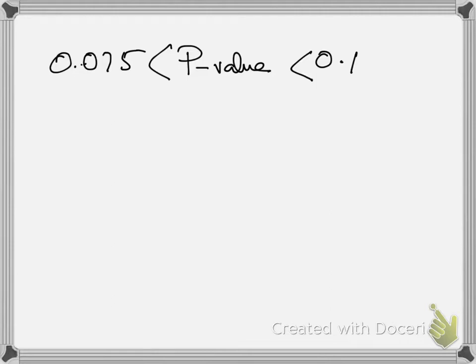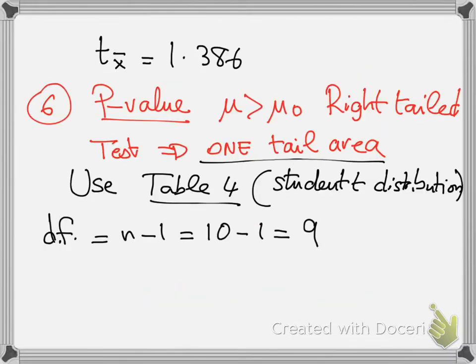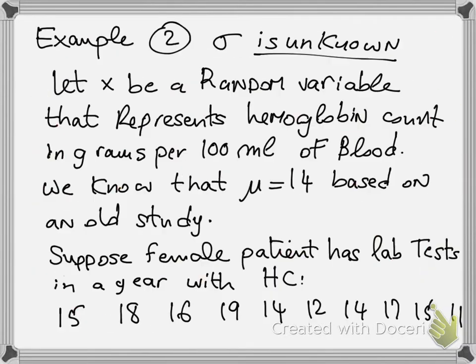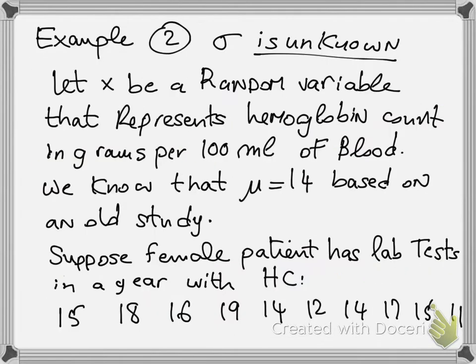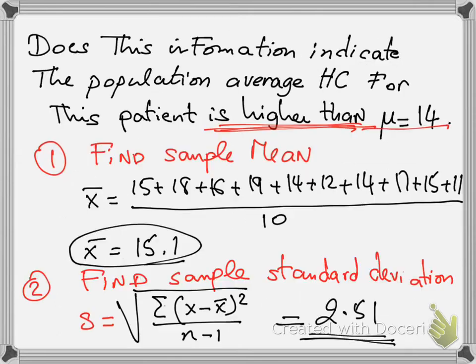And so now we compare the p-value with alpha. So alpha is given in the problem. I forgot to mention alpha here. So in this problem, alpha is, let's say, 0.01, okay?